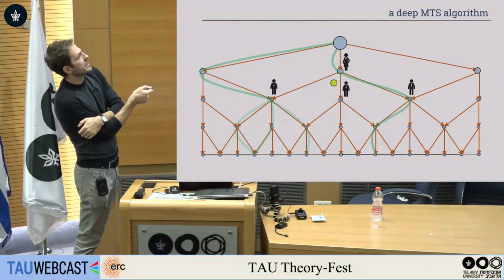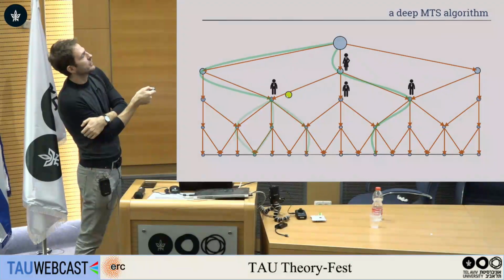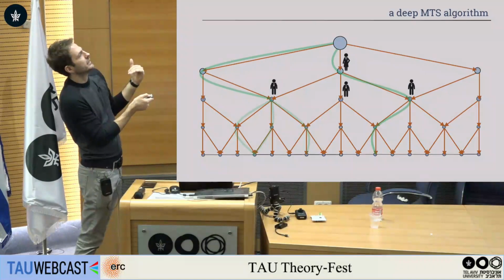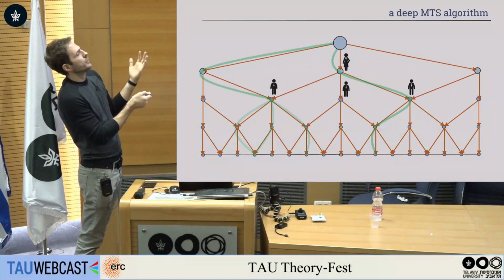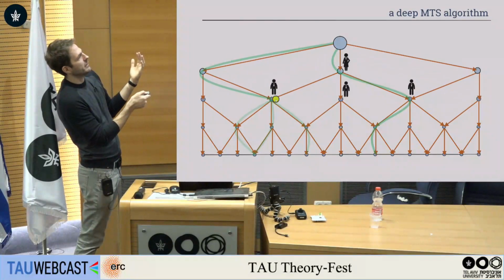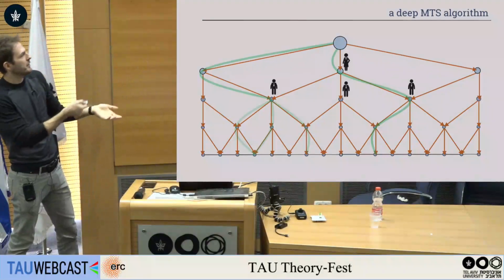And so I'm going to describe now an algorithm which just looks like this. At every internal vertex, the children of that vertex are going to report their estimate for the cost they need to play some strategy beneath them. So I'm going to think of them as agents.